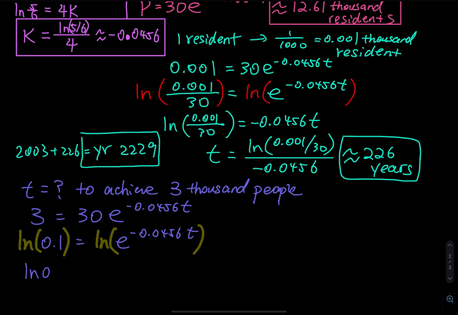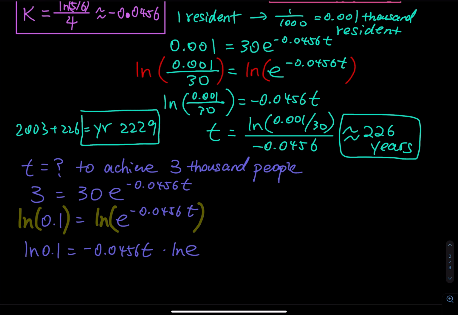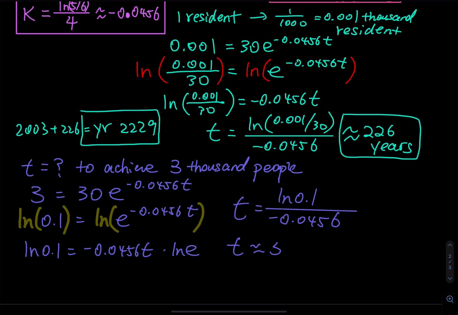You have ln 0.1 equals negative 0.0456t times ln e, which is equal to 1, and therefore t equals ln 0.1 divided by negative 0.0456. This is the time in exact value. When you approximate that, it is approximately 50 years.